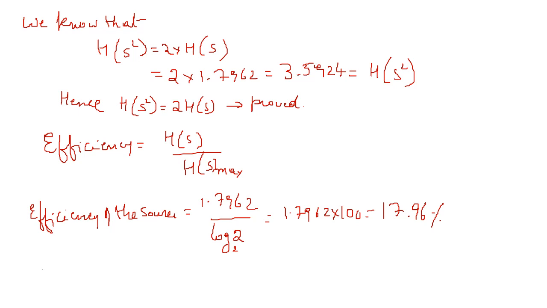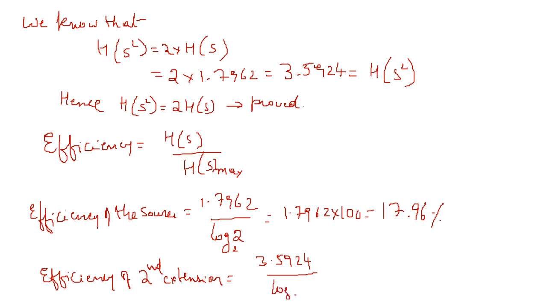Next we'll find the efficiency of the second extension. So efficiency of the second extension: what is H of S? H of S is 3.5924 divided by H of S max, which is log to the base 2 of the number of symbols. How many symbols are there? 16, right?